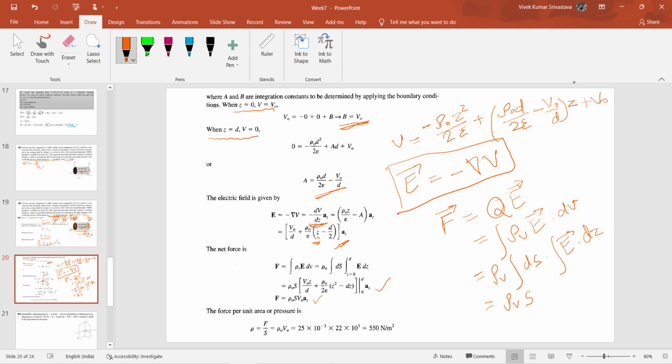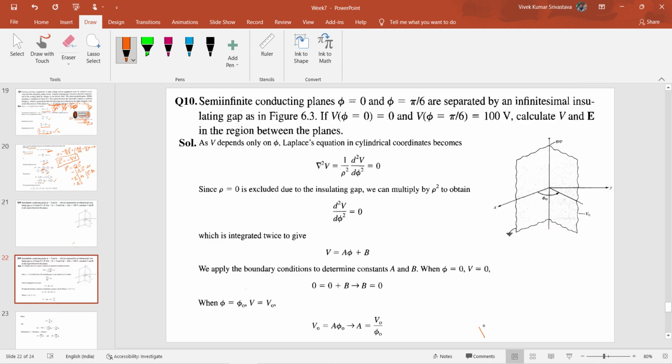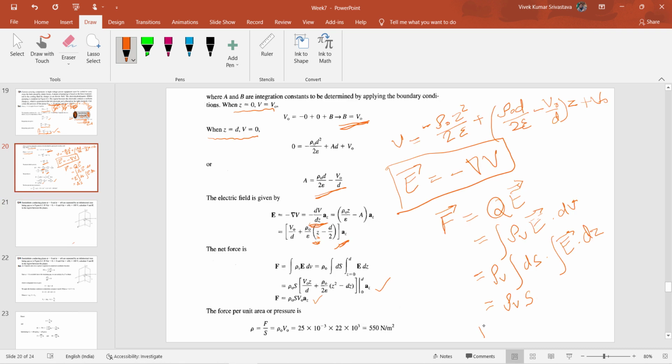So after finding out this integration, you will find the total force that is exerted, which becomes equal to rho naught s v naught into az. Now we have to find out the pressure.